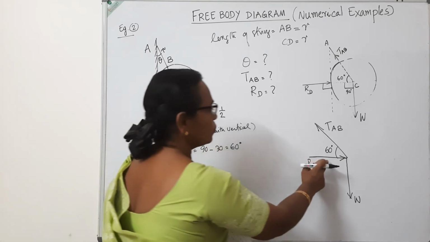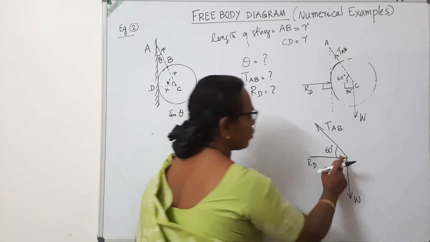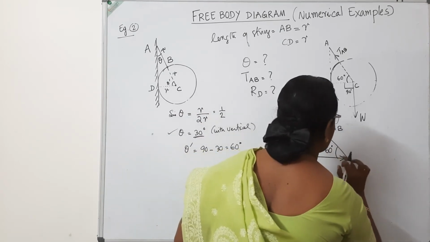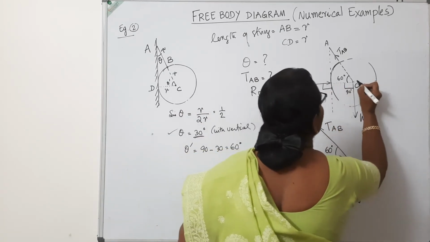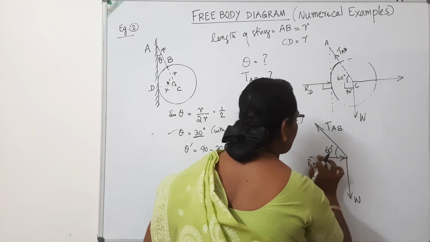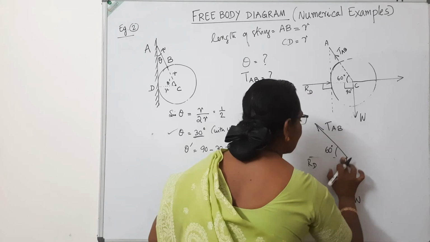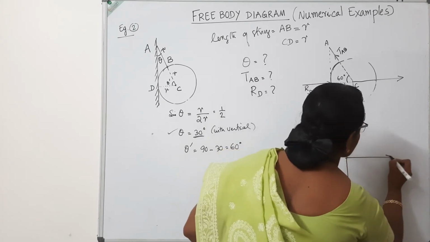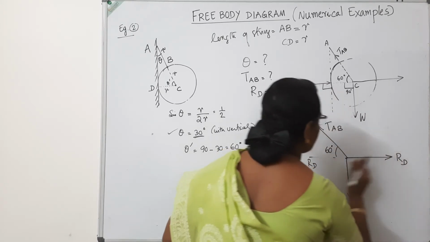So what I can do here is, this force will not produce any change even if I mark it like this also. Instead of RD in this direction, I can change it as in this direction.